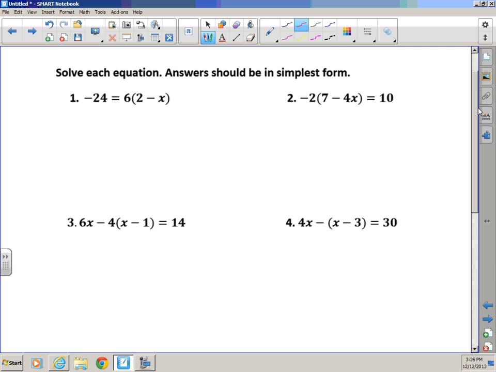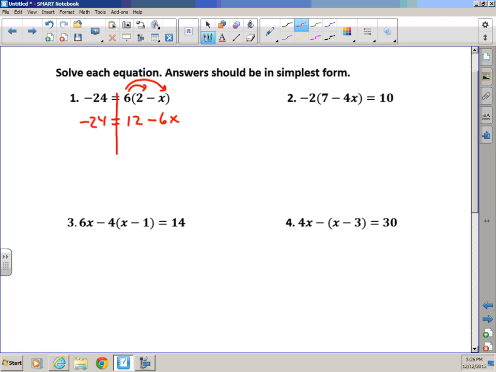So hopefully you realize that in question number 1, you're distributing the 6 because it's immediately outside the parentheses. There's no operational symbol between it, which means it's going to be multiplication. And I tell students to use these arcs because it's going to tell me that I'm going to distribute the 6 to both the 2 and the x.